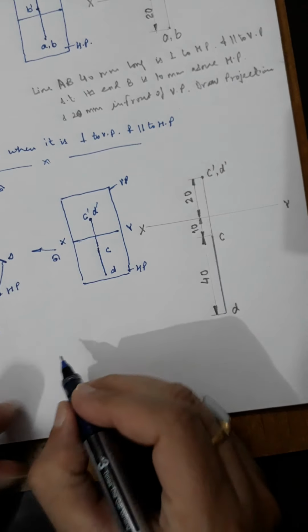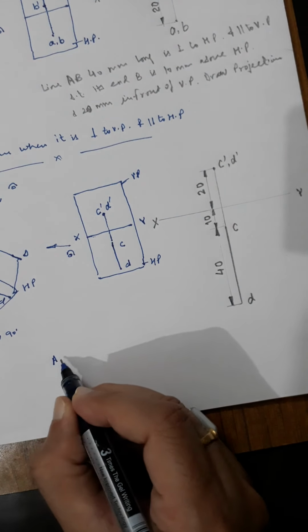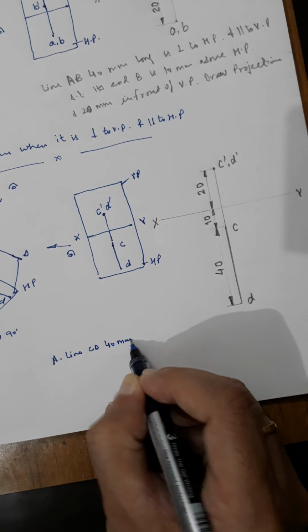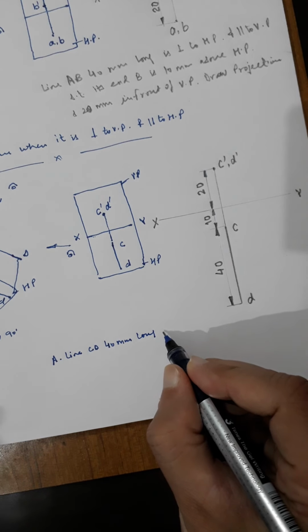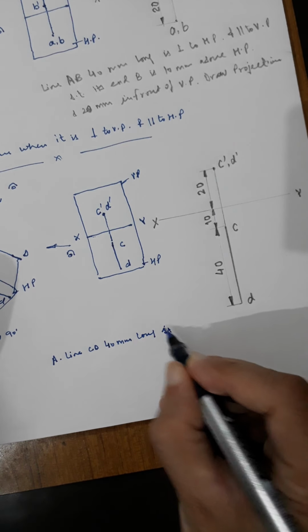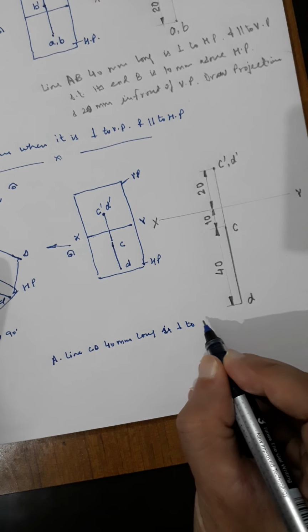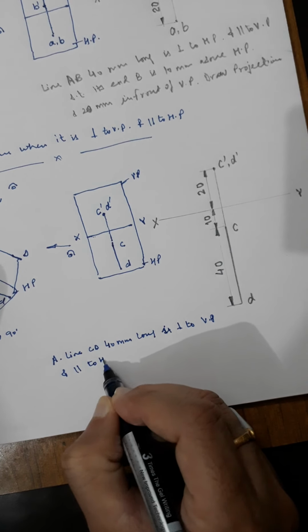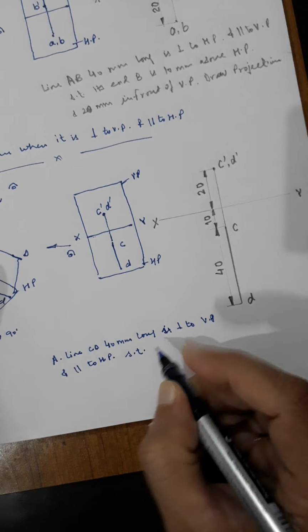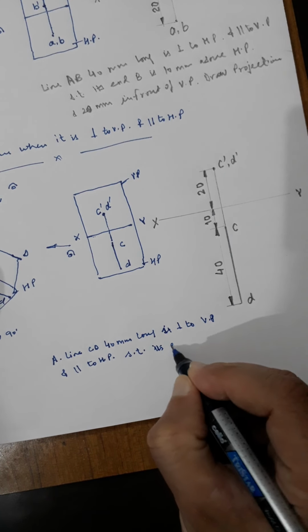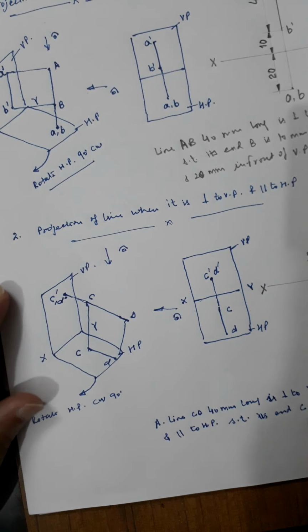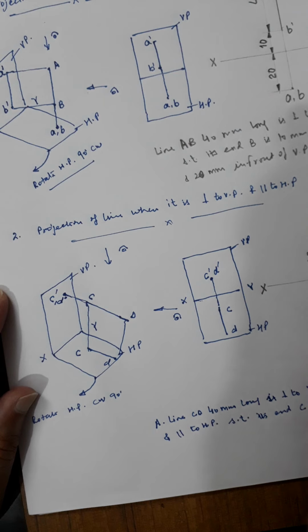Now the statement, you can write down the statement: a line CD 40 mm long such that it is perpendicular to the vertical plane and parallel to the horizontal plane such that its end C is, you can see, 10 mm in front.